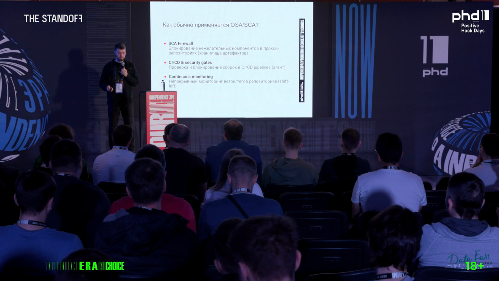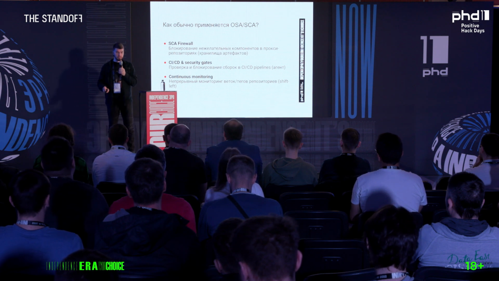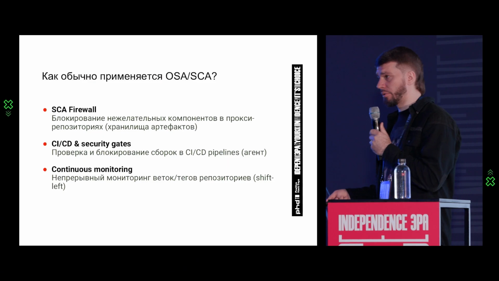Then CI/CD security gates is another option. When for each build we look at and we analyze and we identify what's wrong. And also there is this mode of continuous monitoring. You know that you have already released.